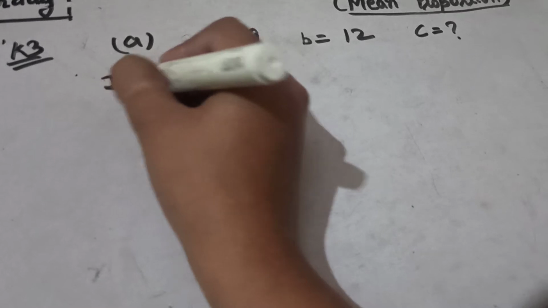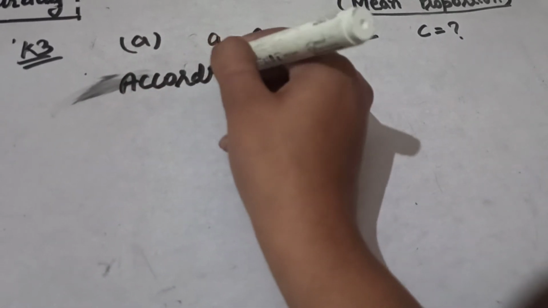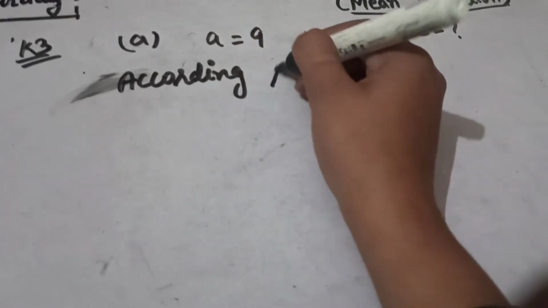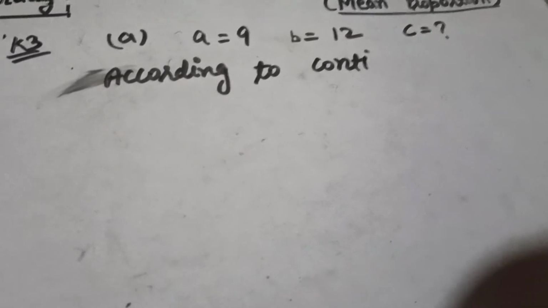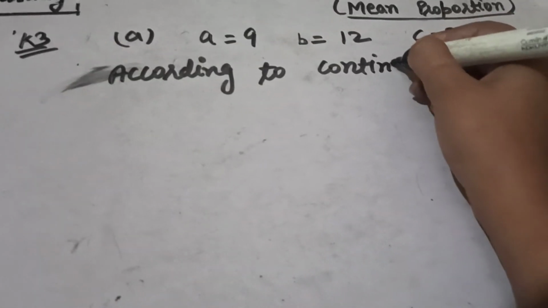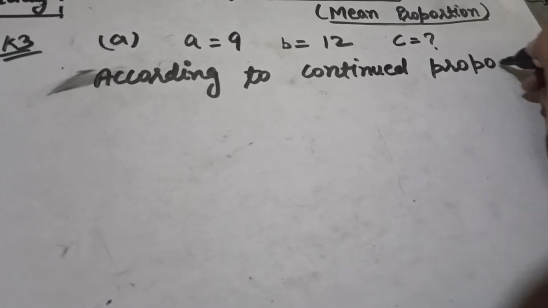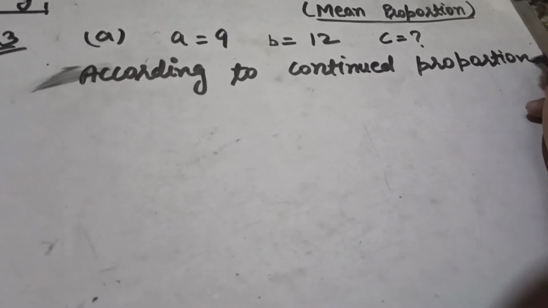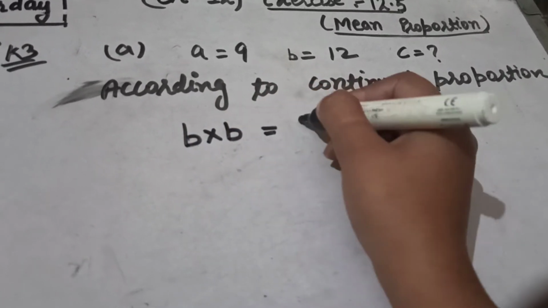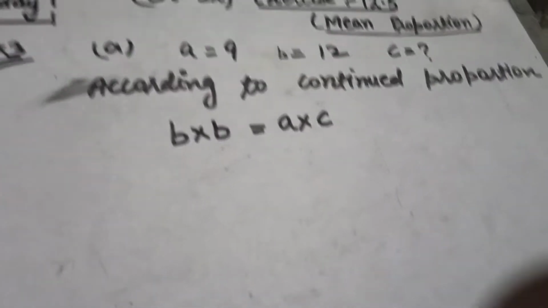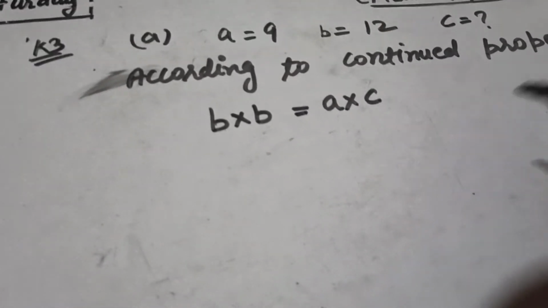So what will you write here? According to continued proportion, that is B cross B equals to A multiply with C. See, by this formula it is very easy to find out.